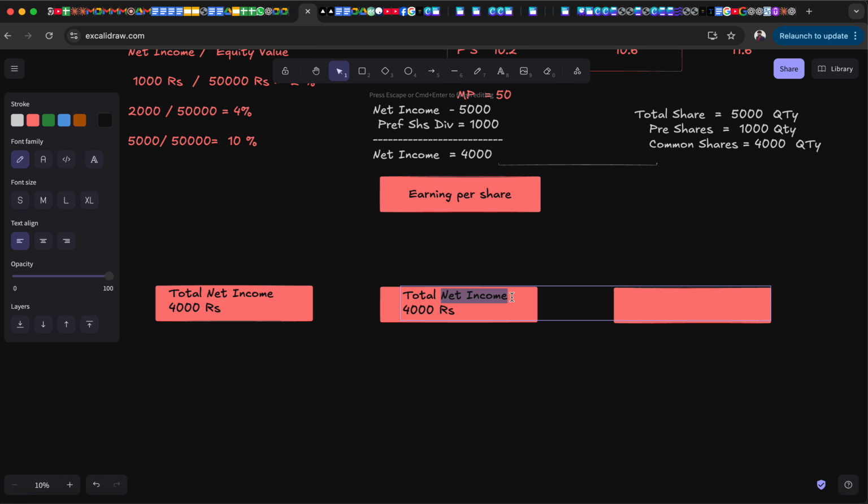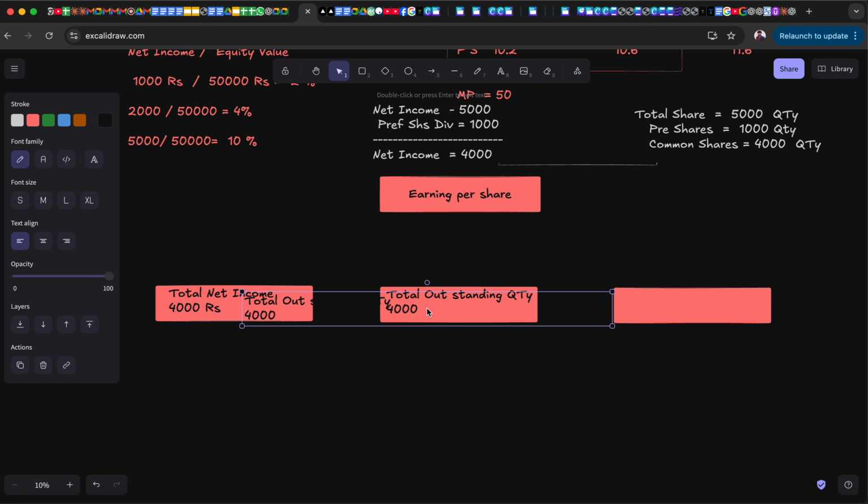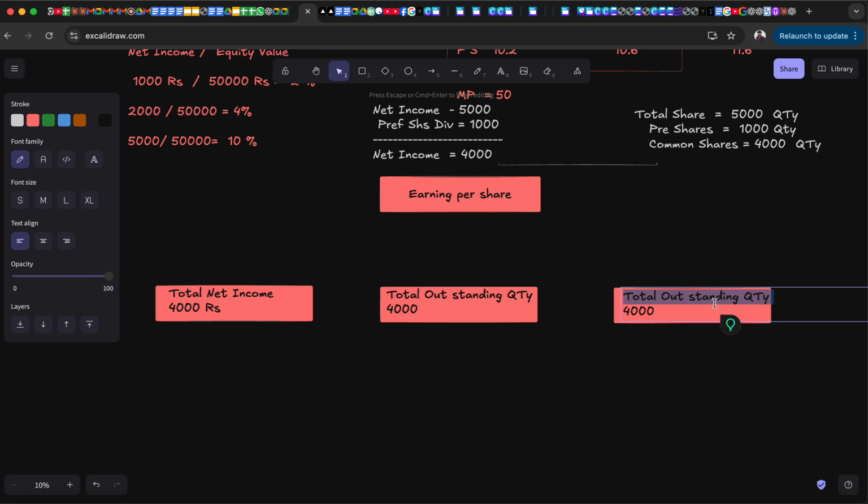Total outstanding quantity, we have around 4,000, right? Just divide the total net income by the total quantities that we have, and you will have EPS, earning per share. So in this case, the earning per share would be 1 rupee.